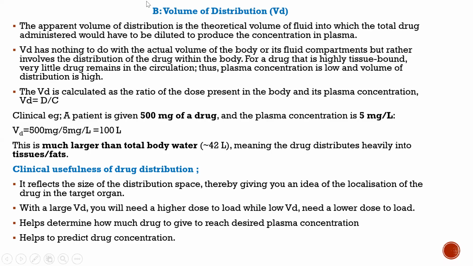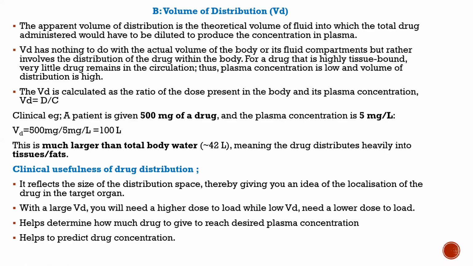All right. So it has nothing to do with the actual volume of the body or its fluid compartment, but rather involves the distribution of the drug within the body. Exactly. So for a drug that is highly tissue bound, very little drug remains in the circulation. Thus, plasma concentration is low and then the volume of distribution is high.